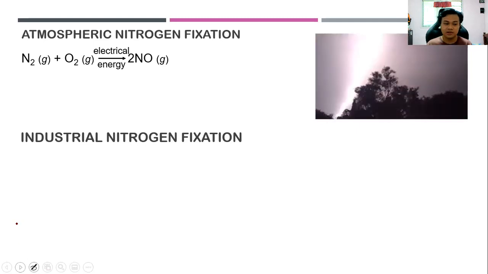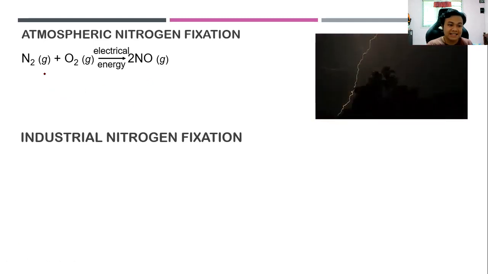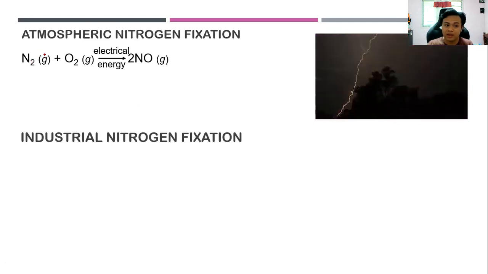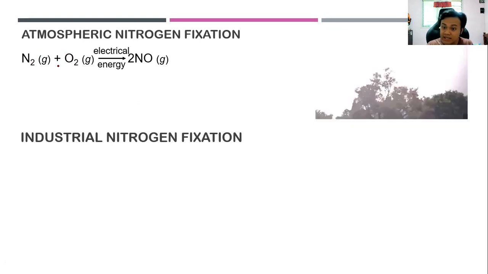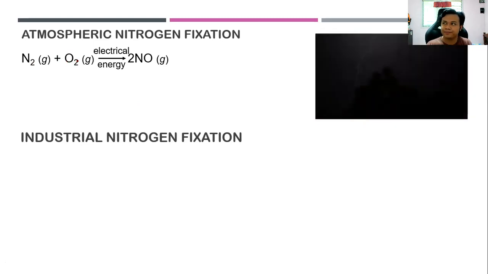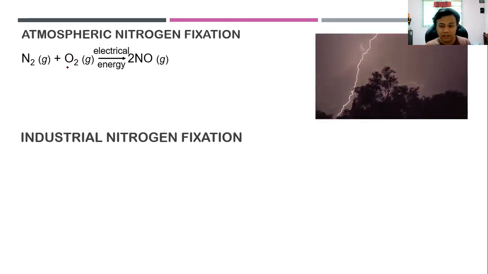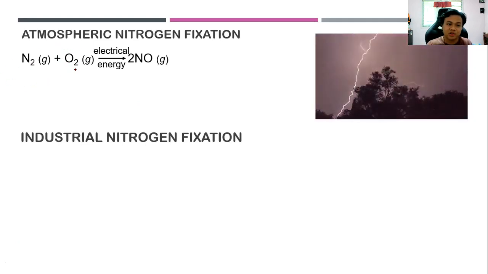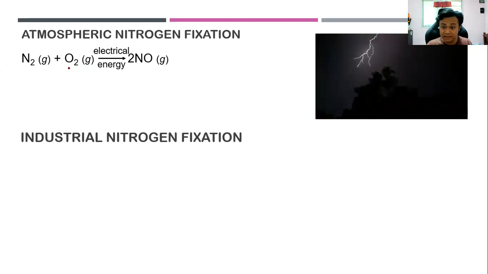So, here is the process. Nitrogen exists in the atmosphere as a diatomic molecule, N2, and it reacts with the oxygen in the atmosphere, which also exists as a diatomic molecule.